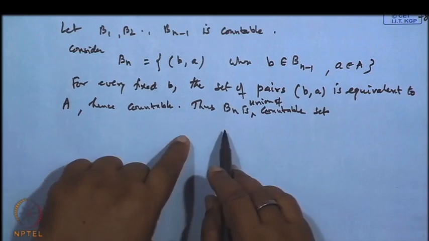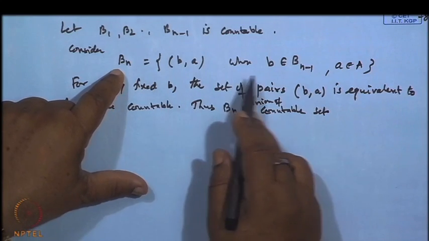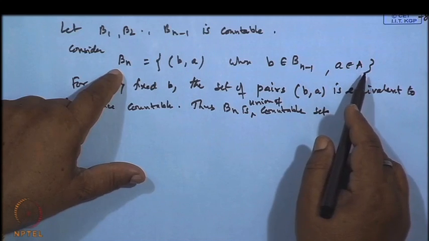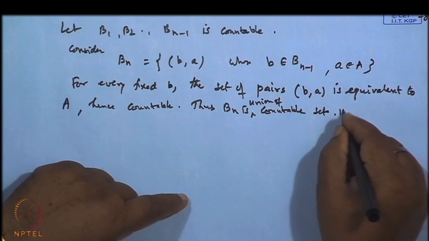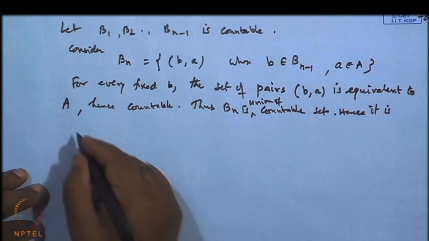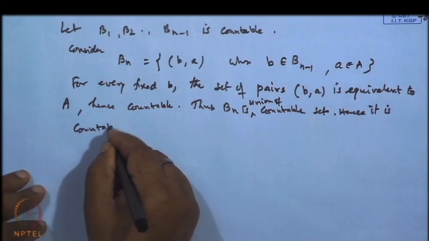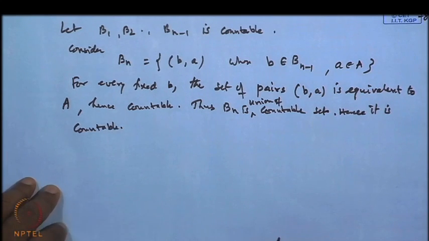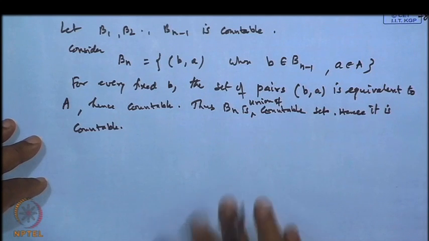So, basically B n is the union of the countable sets B n minus 1 and A. Hence it is countable by the previous result. Therefore, B n is countable. So, this proves the theorem.